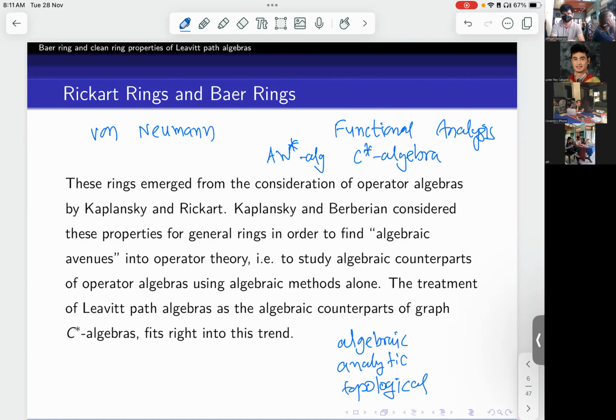But they wanted to get rid of the analytic and topological aspects and abstract away only the algebraic parts. This term was coined by Lia herself: algebraization of operator theory.